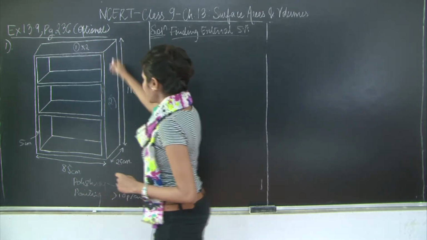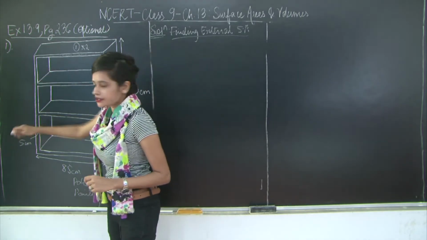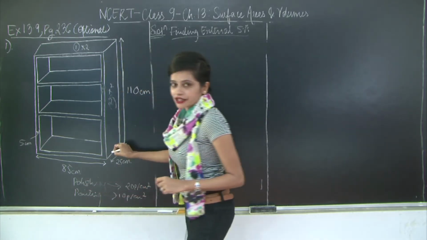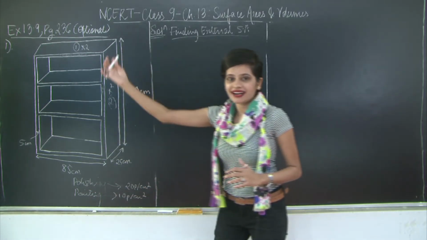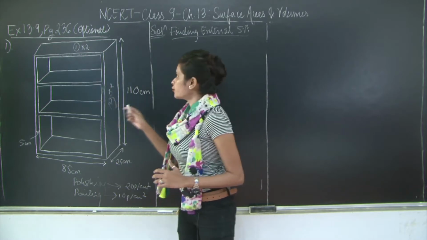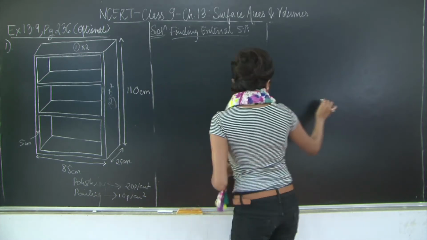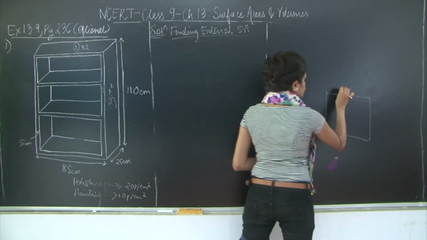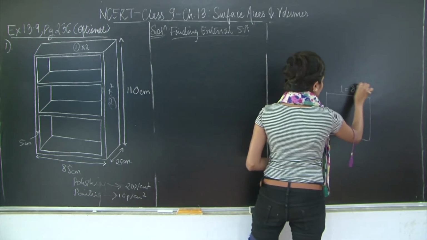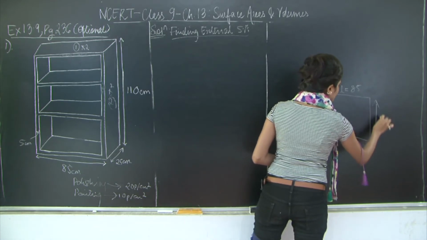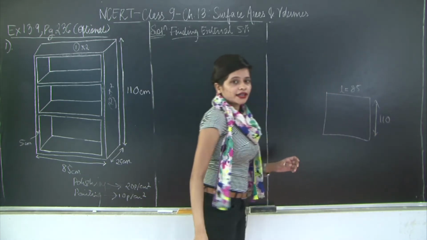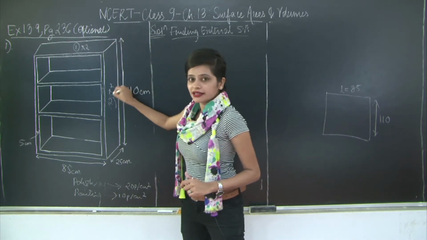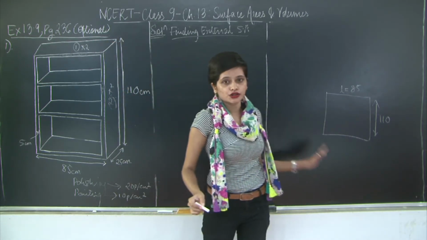Why? Because we have one side over here and one side out here as well, right? So the surface area of this section 2 into 2, and then we have the back side area, which is going to be the third side. So this is going to be your length, which is 85, and height, which is 110, right? So these three areas, this area into 2, this area into 2, and this area into 1.